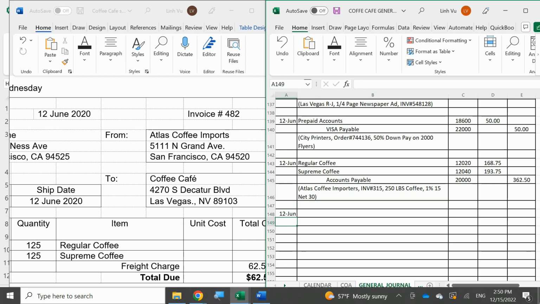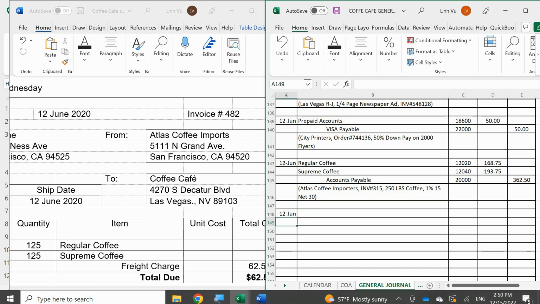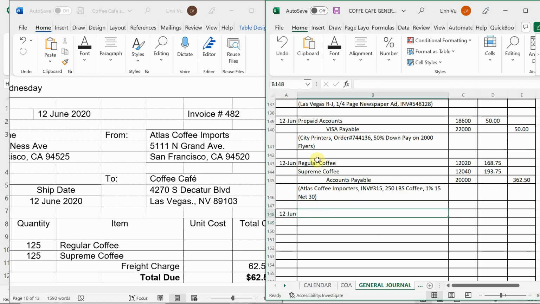Everything goes straight to inventory. Any delivery fees, any expedited fees, all of that is to get the inventory asset to my store. So we got regular coffee and supreme coffee. I'm going to go ahead and copy and paste it here.